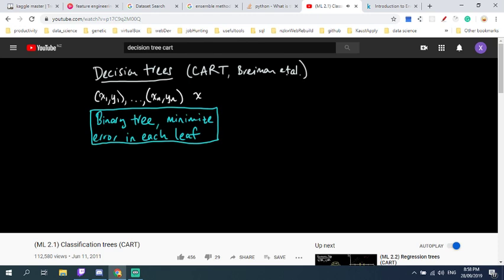So let's say these x's are in R2, something nice and simple that we can draw. So we've got our nice R2 here, and let's draw some points. Let's say maybe we've got some ones here, some red ones, and maybe some down here, and maybe some here, something like that.